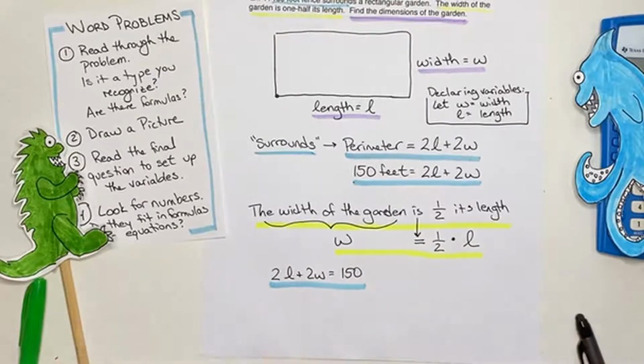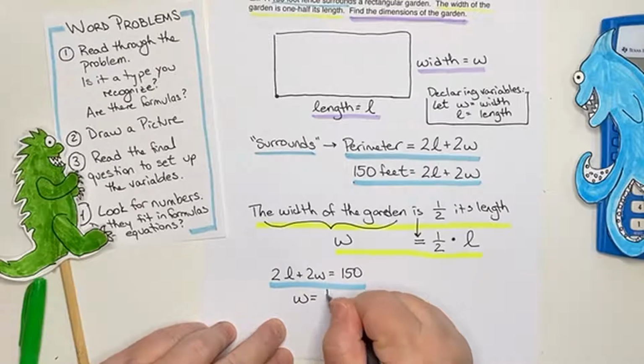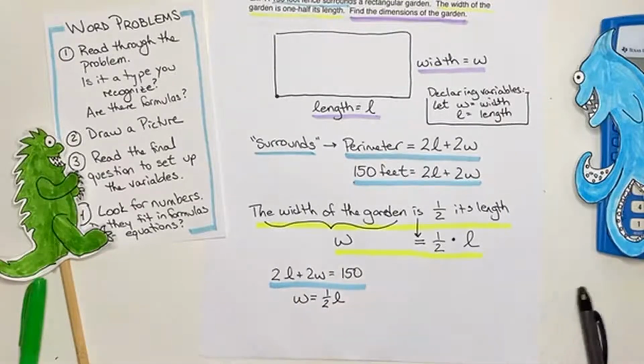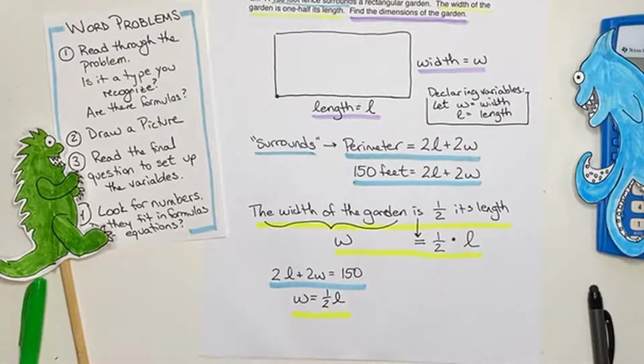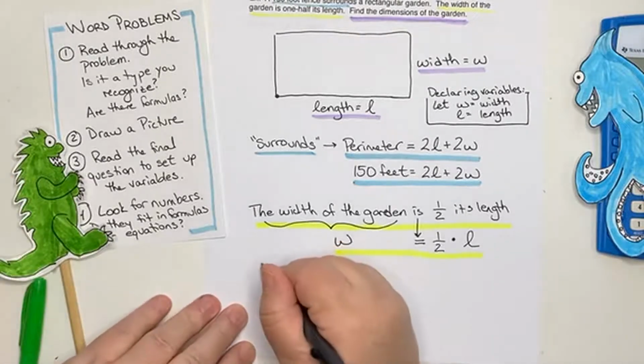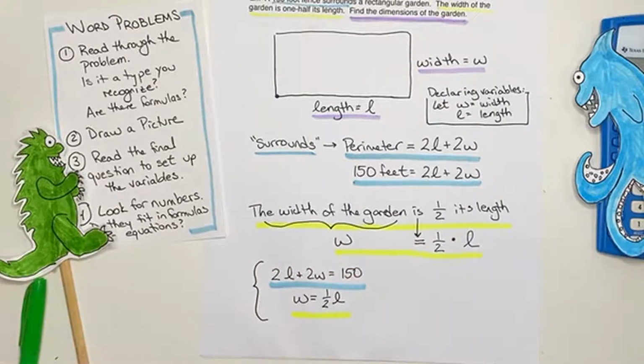And then I've got this other equation, W equals 1/2 of L. Okay, so the width is half the length and the perimeter is 150. And these are part of the same problem, so they are simultaneous equations. This is a simultaneous system of equations.